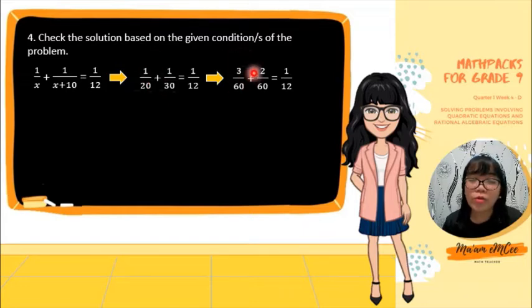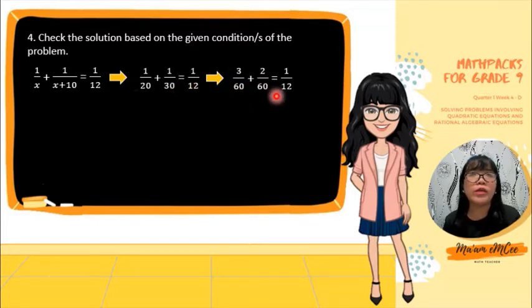So, meaning our numerator will be 3. Now, for 1 over 30, again, our new denominator will be 60. So we divide 60 by 30, and that is equal to 2. We multiply it to the numerator, so 2 times 1 is equal to 2. That is how we get 2 over 60. So 1 over 20 became 3 over 60, and 1 over 30 became 2 over 60.